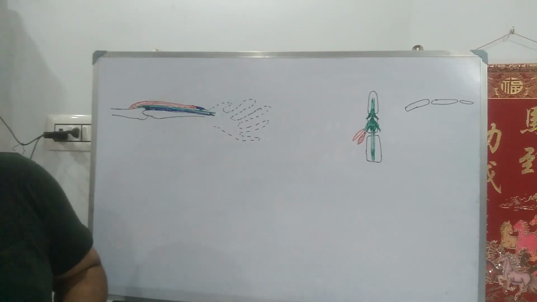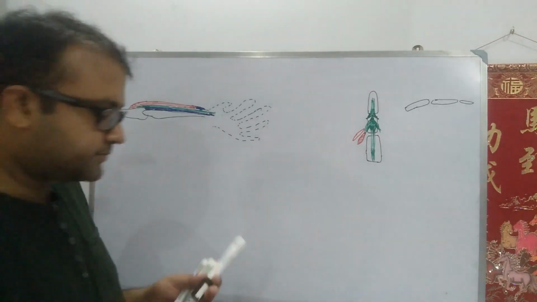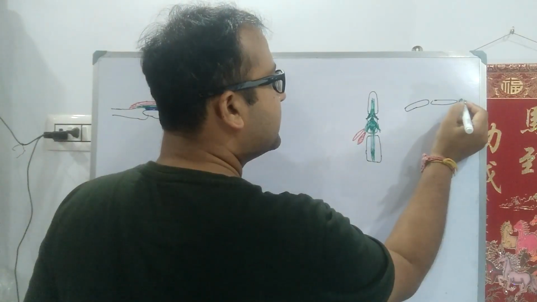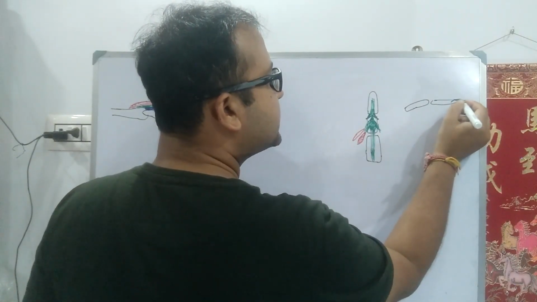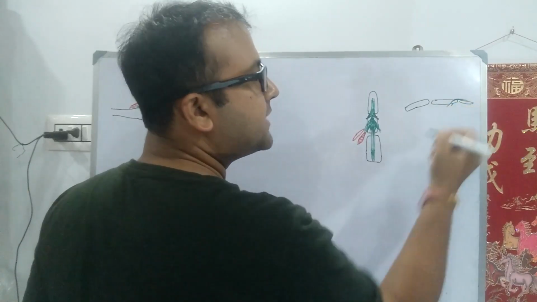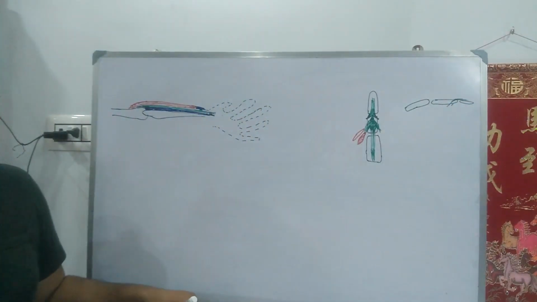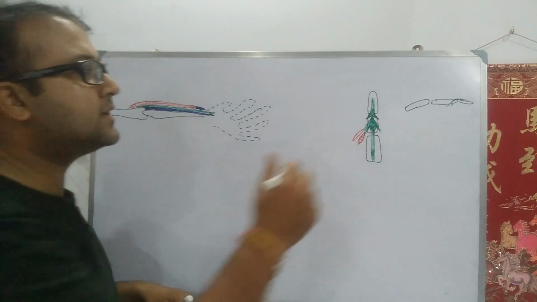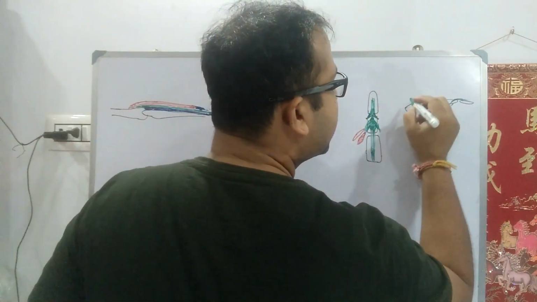What you are going to see is that one is coming from here and is spreading on this side. The other one will also be present on the other side like this, the Y portion. And then you will see that the extensor digitorum tendon is basically coming like this.